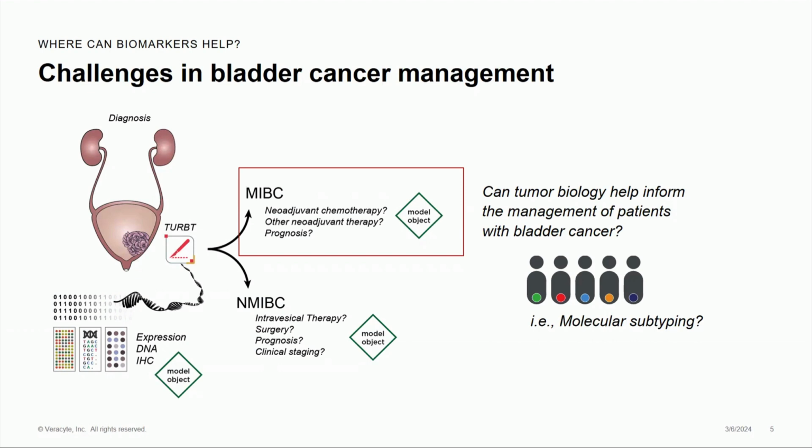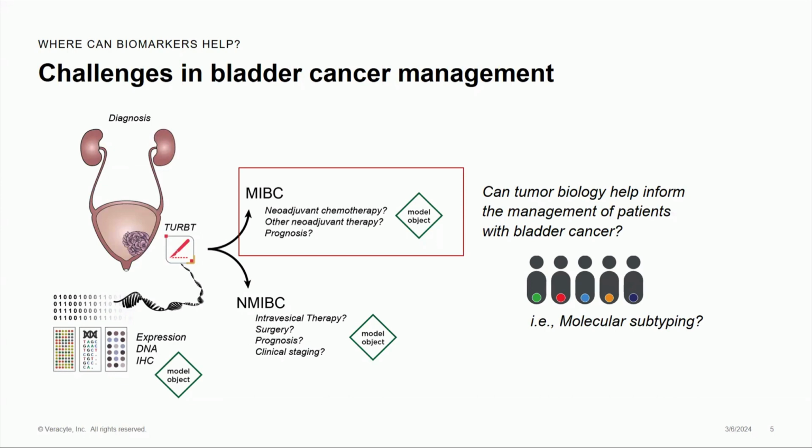Concurrently, you can do a lot with that tumor tissue, including extracting gene expression profiles through RNA, DNA mutation sequences through DNA, IHC on the tissue sample, and imaging. Using this information, you can use it independently, so you could look at a single gene as a marker, but you can also build a classifier, a model. We call these model objects when we do the data science components of this.